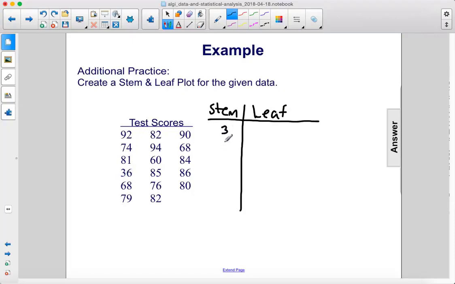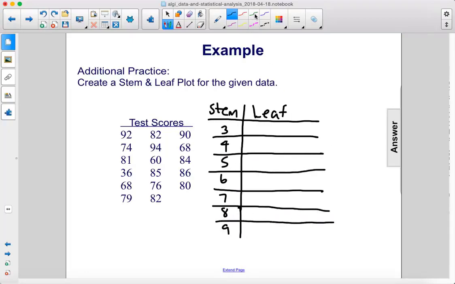So we'll have 3, 4, 5, 6, 7, 8, 9. I'll make little lines here. Alright, for the 30s, we only have this one, and that's 36. So 6. And our key will be 3 line 6 equals 36.